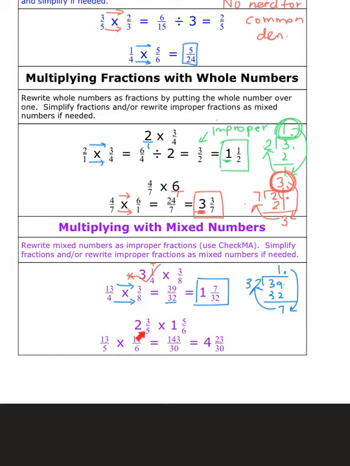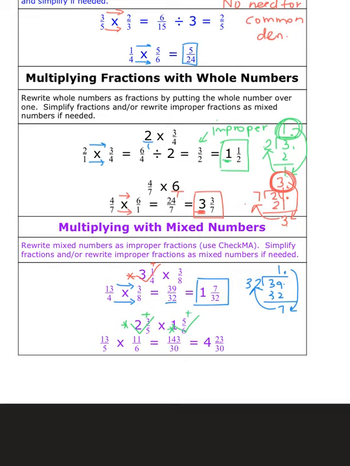And so the last one we have here, 2 3/5 times 1 5/6. Both of them are mixed numbers, so I'm going to have to change both of those. Do my check ma, multiply these two numbers, add the numerator. Multiply these two numbers, add the numerator.